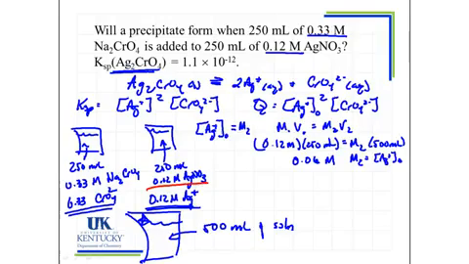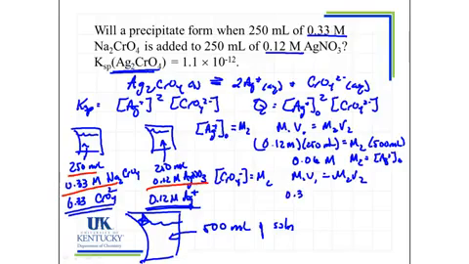Now we'll do the same thing for the chromate and the other beaker. For this, I'm going to consider these amounts. And I'm going to realize that the chromate concentration would be M2 in this dilution. M1V1 equals M2V2, where M1 is, consider that beaker on the left now, the M1 started out as 0.33 molar, V1 is 250 milliliters, M2 is what I'm trying to determine, and V2 would be 500 milliliters.